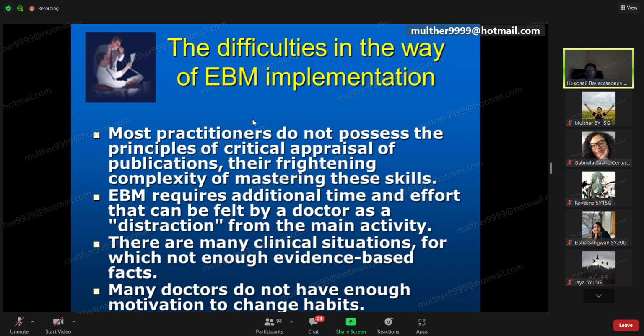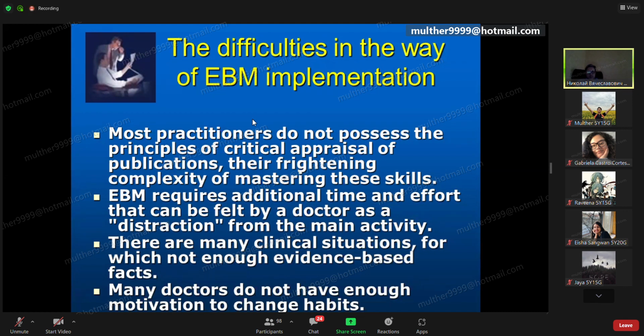Of course, EBM technologies require additional time and effort that can be felt by a doctor or groups of doctors as a distraction from their main activity. Sometimes unpleasant, sometimes useless distraction.